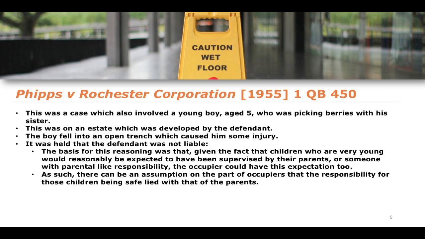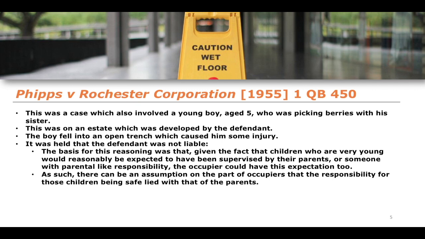So essentially, the people who develop the estate, the occupiers, shouldn't have the expectation and shouldn't be held to a standard of safety that would account for unsupervised children under the age of 5. They should reasonably be expected to uphold a standard of safety for children who are age 5 who are being supervised by their parents.